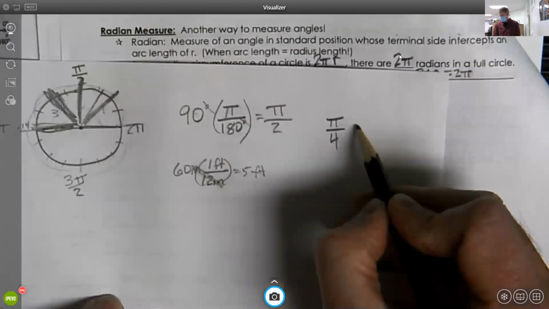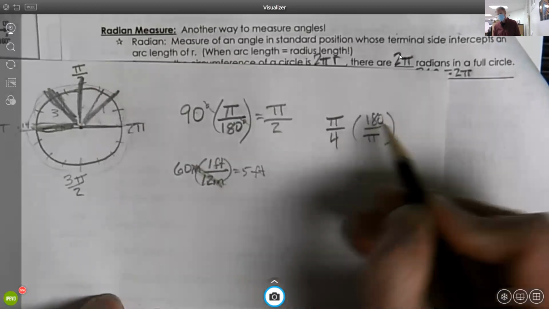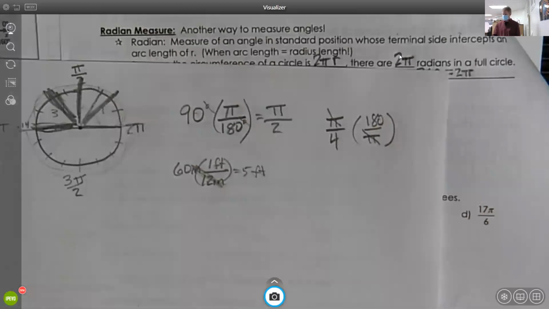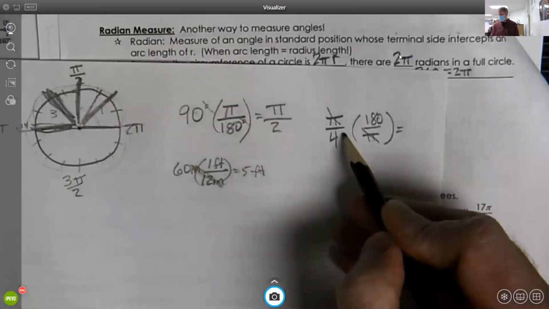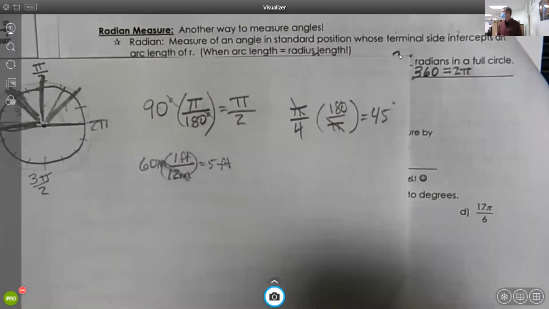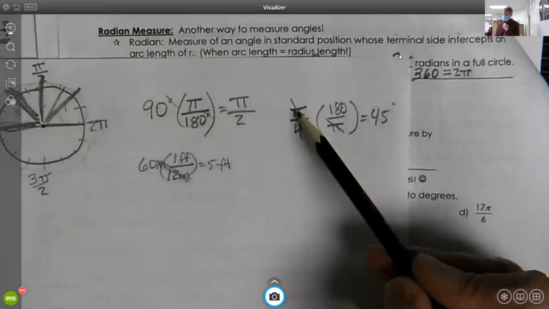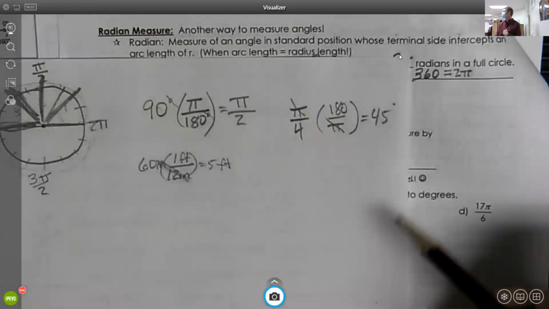You would want your pi's to cross out. And now you have 180 into 4 equal pieces. That's 45 a piece. So 45 is converting your pi over 4 into a degree.